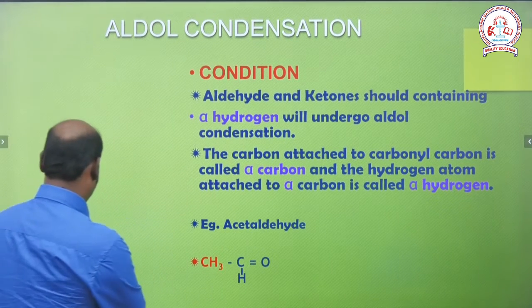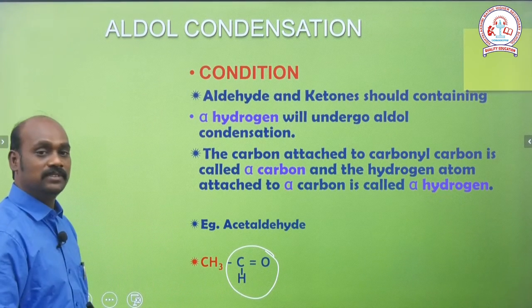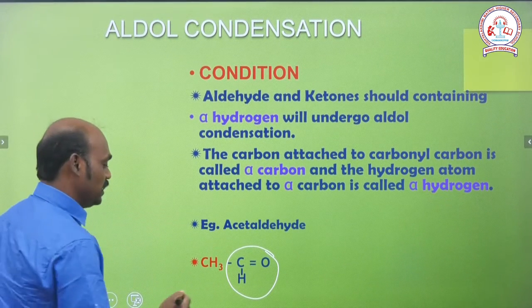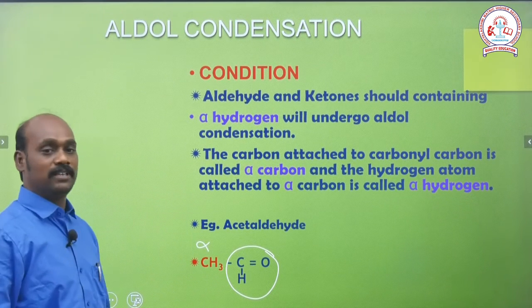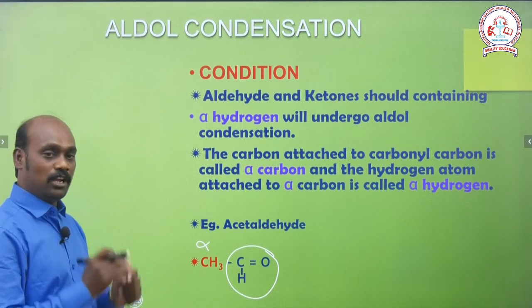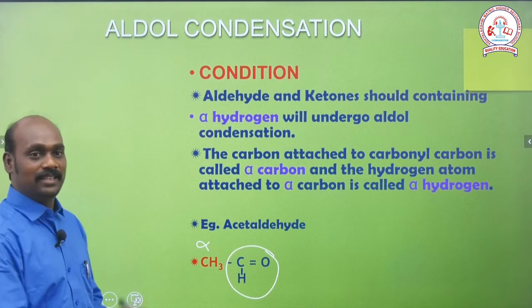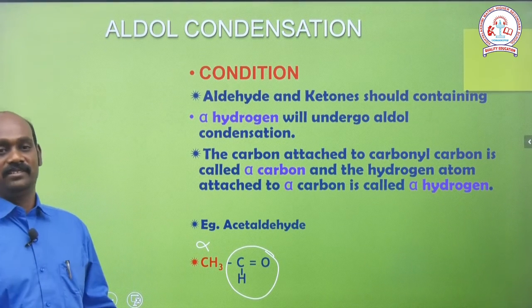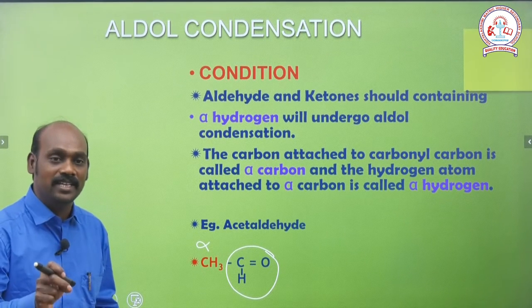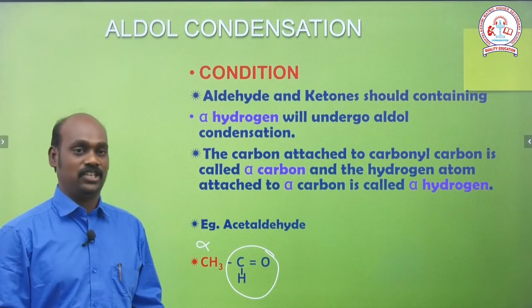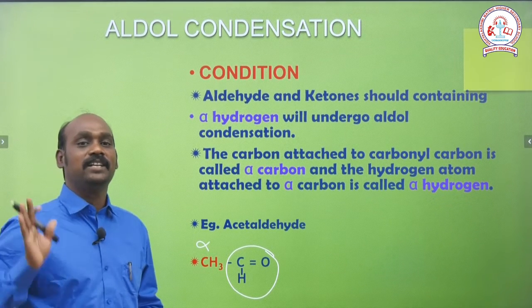Here this is the aldehyde functional group, that is the carbonyl group. This carbonyl group is attached to the methyl. This carbon is called the alpha carbon. The first carbon, the carbon next to the functional group, is called the alpha carbon. That alpha carbon should contain hydrogen. If the carbon contains alpha hydrogen, it will undergo Aldol condensation. That is the primary condition for Aldol condensation taking place.